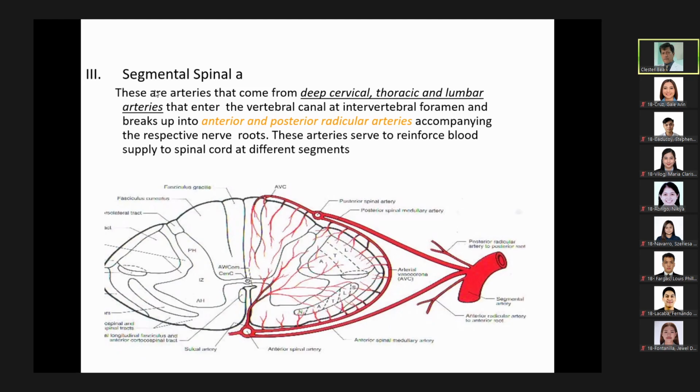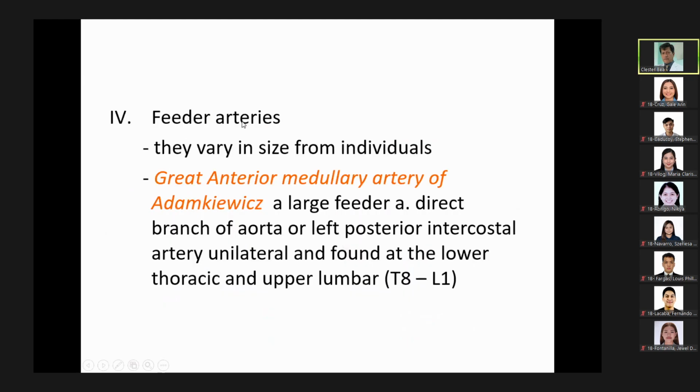Now aside from your segmental spinal arteries, you will still have another group of arteries, and these are your feeder arteries. They vary in size between individuals, and they are different from your segmental arteries.